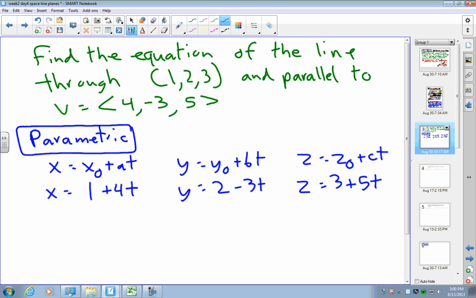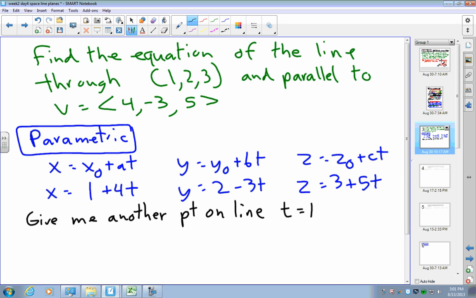Now notice, I am giving you a specific point, but there are an infinite amount of points on a line. So I could give you another point on the line. To get any other point on the line, just use a different t. Right now, if you plug in t equals 0, it gets you the 1, 2, 3, because it's your initial point. So let's now use t equals 1 and look at what your next point could be.